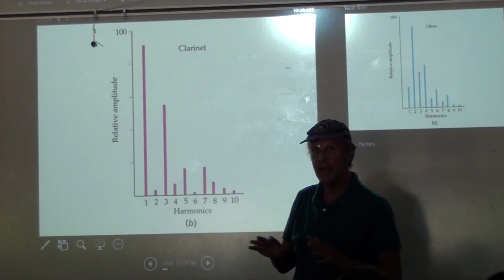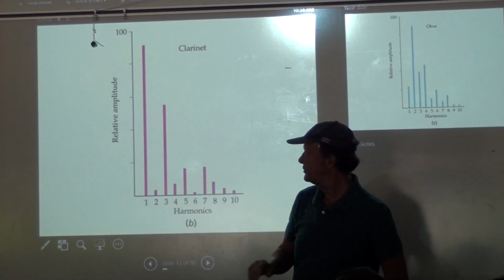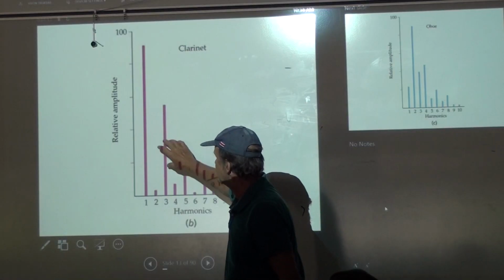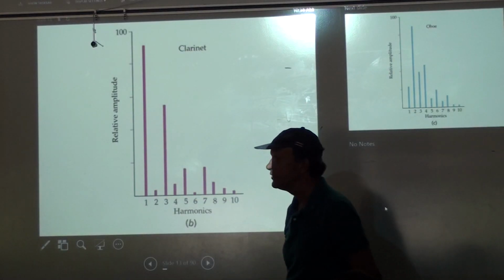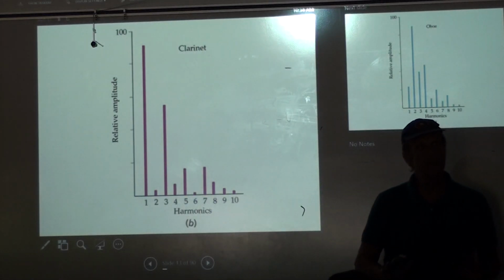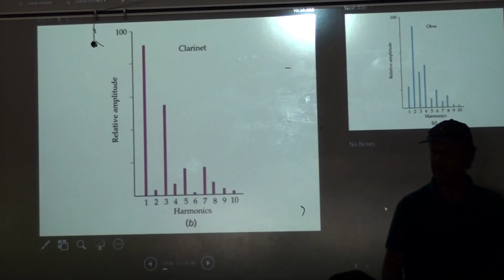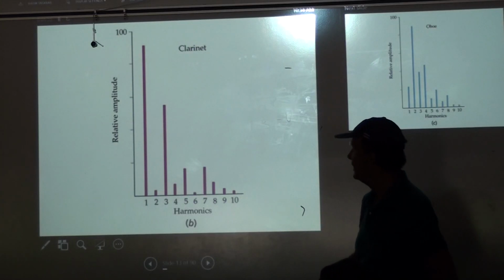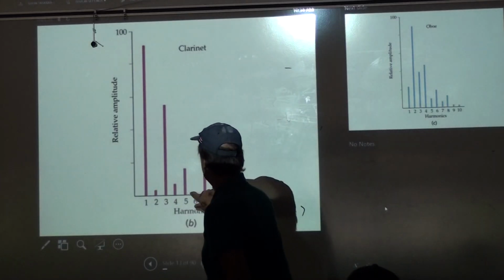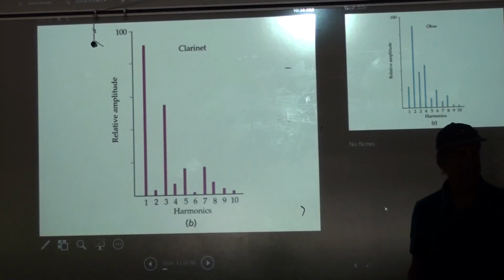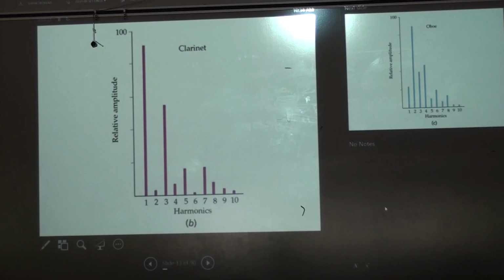So if you have a clarinet that's playing a higher pitched tone, then you may get different harmonics than what you hear at that one frequency. It's an oversimplification to say that there's just one set of harmonics that works for every frequency for a musical instrument. But at a typical frequency, we see that this is the kind.